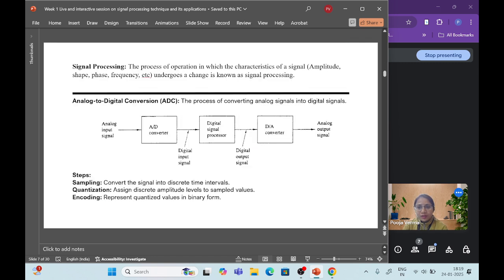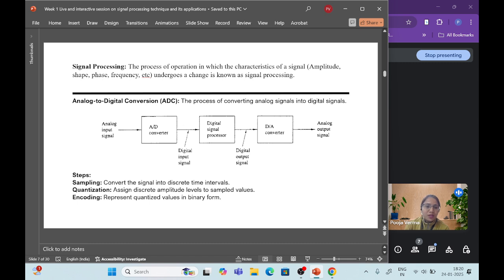Okay, now next one is signal processing. So what is signal processing? How can we process the signal? We already know what a signal is, and now next is how we can process it. We already know that in real life everything is analog.